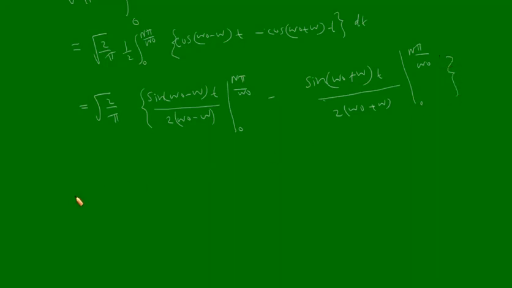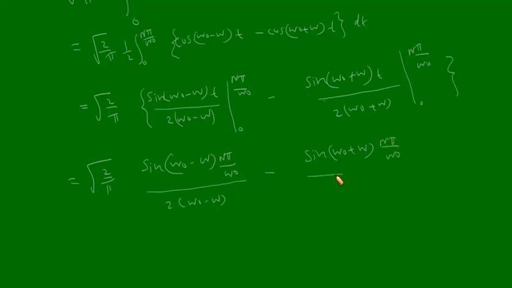If you apply the limits, this will be equal to √(2/π) times sin(ω0−ω)nπ/ω0 divided by 2(ω0−ω), minus sin(ω0+ω)nπ/ω0 divided by 2(ω0+ω).